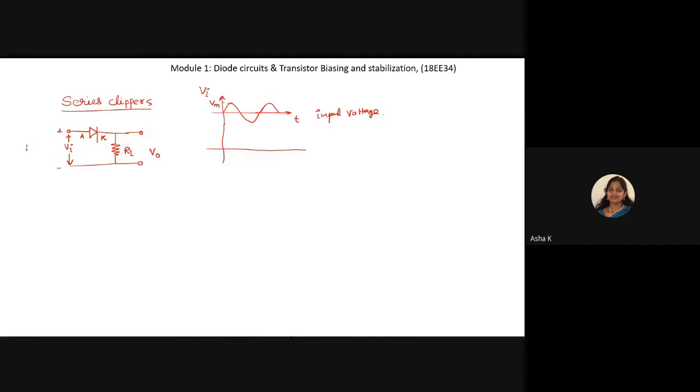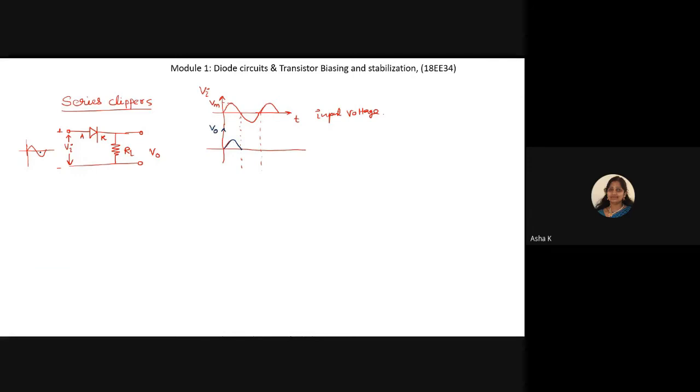This is the positive half cycle of the input waveform. The anode is more positive than the cathode, so the entire positive half cycle will be allowed through the diode, and I get the output V output as the complete positive half cycle.